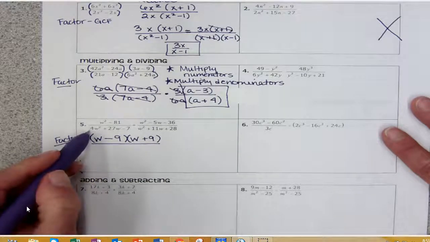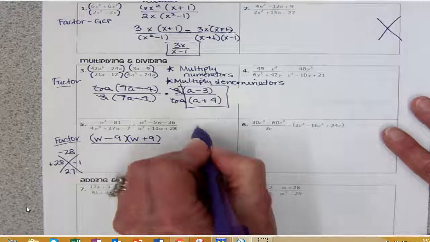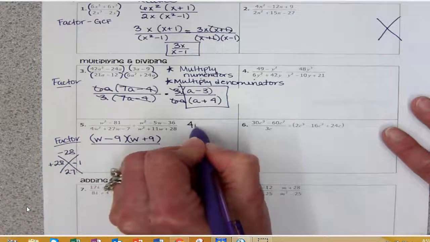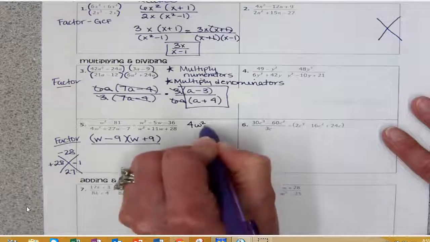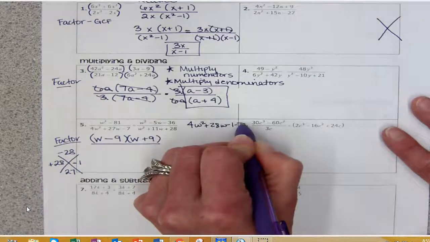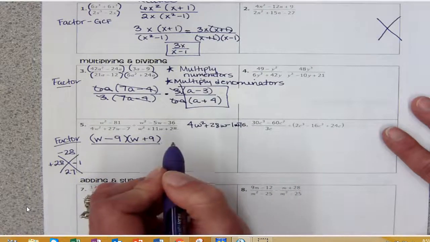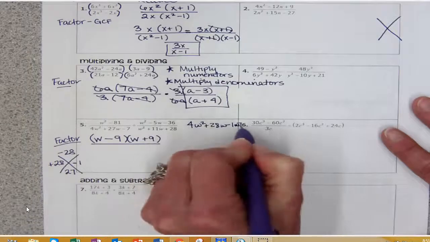Now, since we have a number in front of our variable as our a value, we need to do our grouping. So I get 4w squared plus 28w minus 1w minus 7. I'm running out of room.